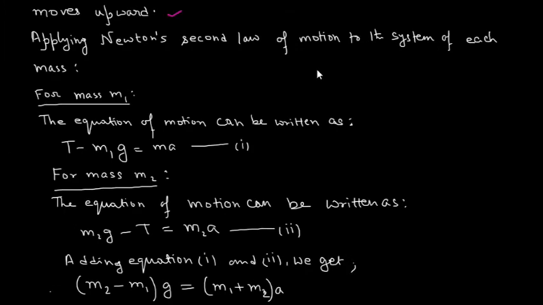So applying Newton's law of motion to the system, for mass m1, the equation of the motion can be written as T minus m1g is equal to m1a, equation number 1. For mass m2, the equation of the motion can be written as m2g minus T is equal to m2a, which is equation 2.